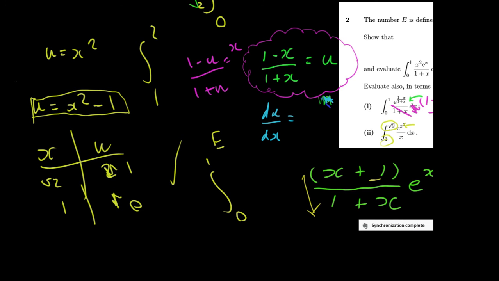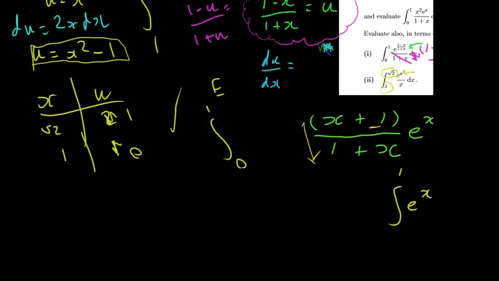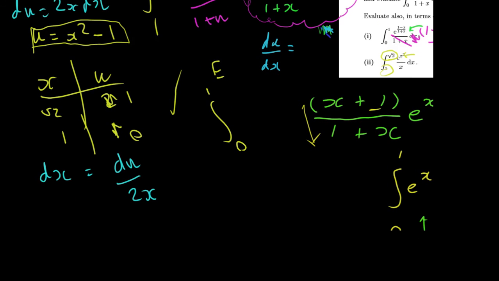So you sub that substitution in. The substitution is a bit easier to do. du is 2x dx, right? So dx is du over 2x, and I'm just going to substitute that into this integral.